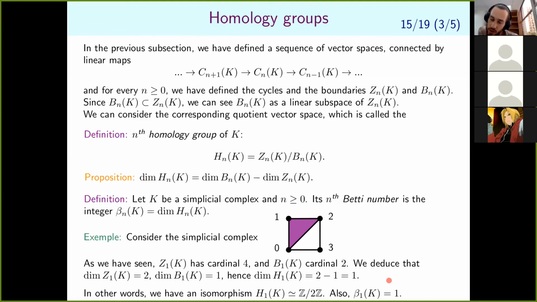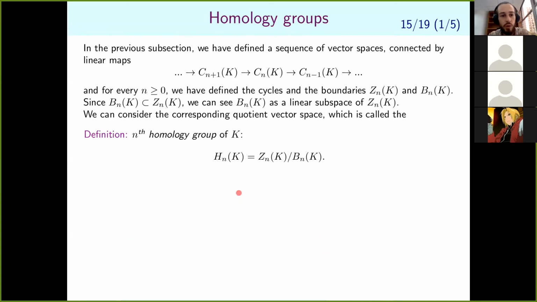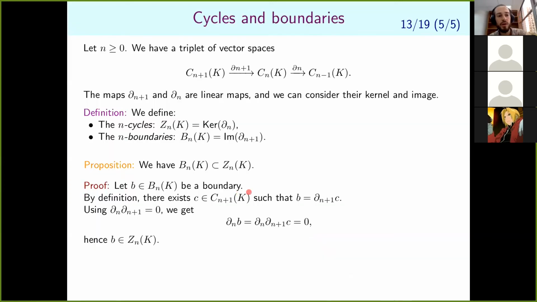Kevin asks, why is Bn a subgroup of Zn? Why are the boundaries a subgroup of the cycles? This is what I just proved before here.